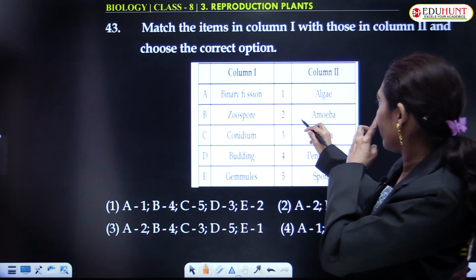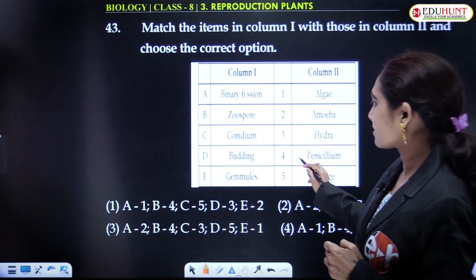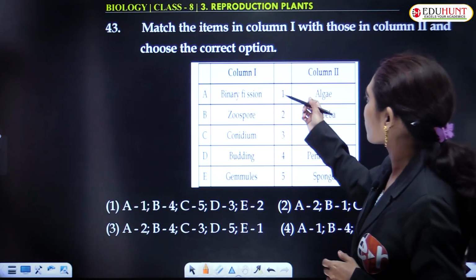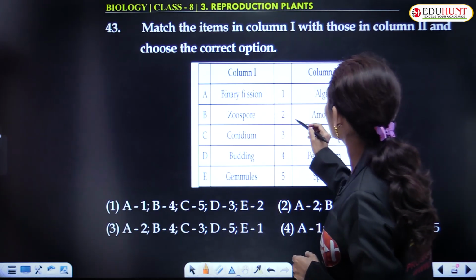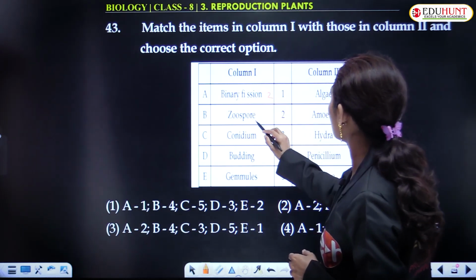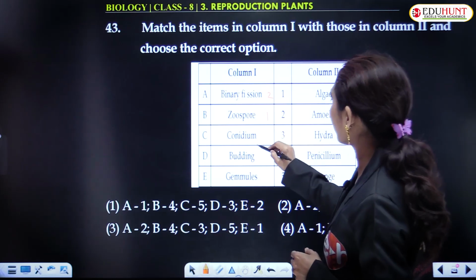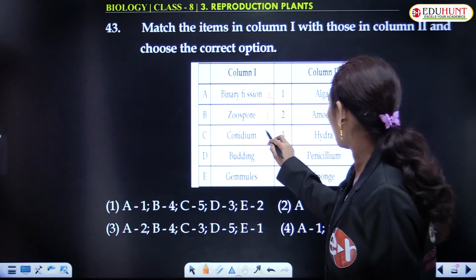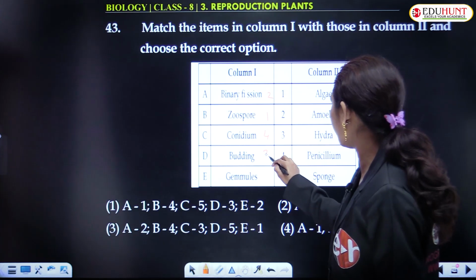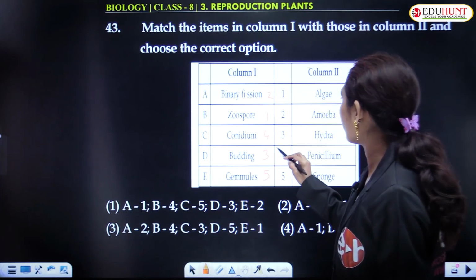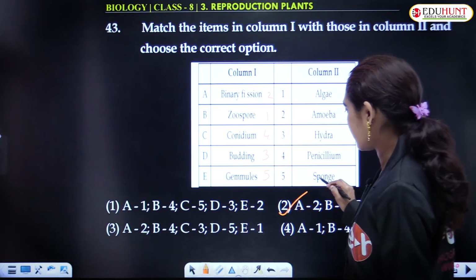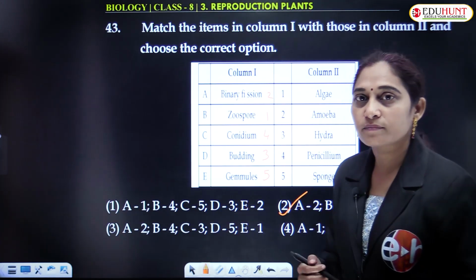Zoospores in algae, conidium in Penicillium, budding in hydra, and gemmules in sponge. So, binary fission, amoeba 2; zoospore, algae 1; conidium, Penicillium 4; budding, hydra 3; gemmules 5. 21435. Yes, this is the correct option.